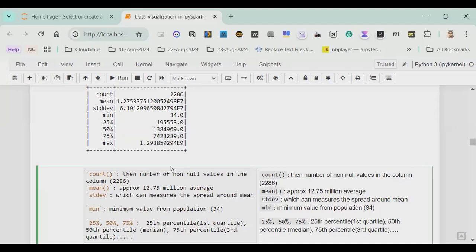Take a simple example: student marks, and you are taking a summary. How can you say a particular person's marks are better than 25 percent of their batch, their co-students? Maybe this is out of 200.